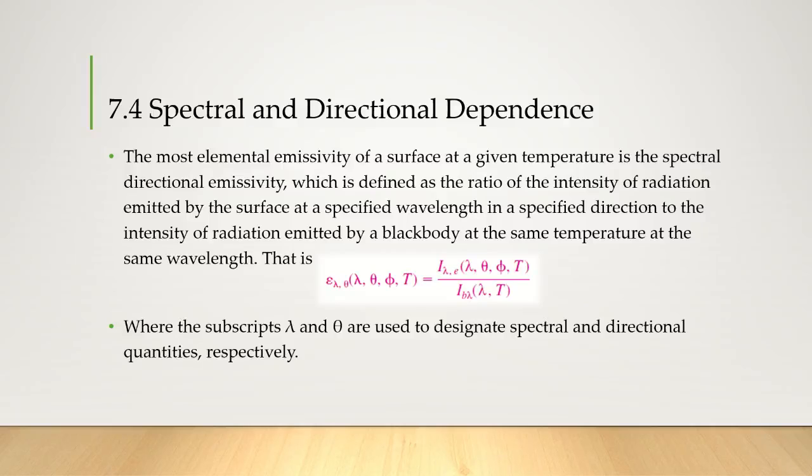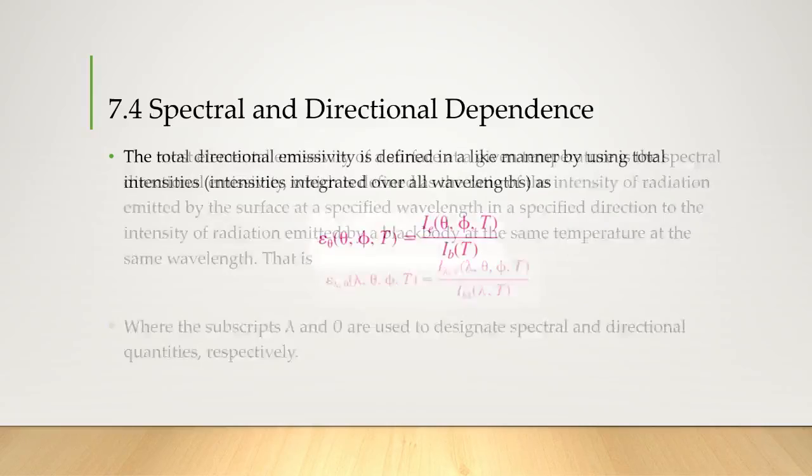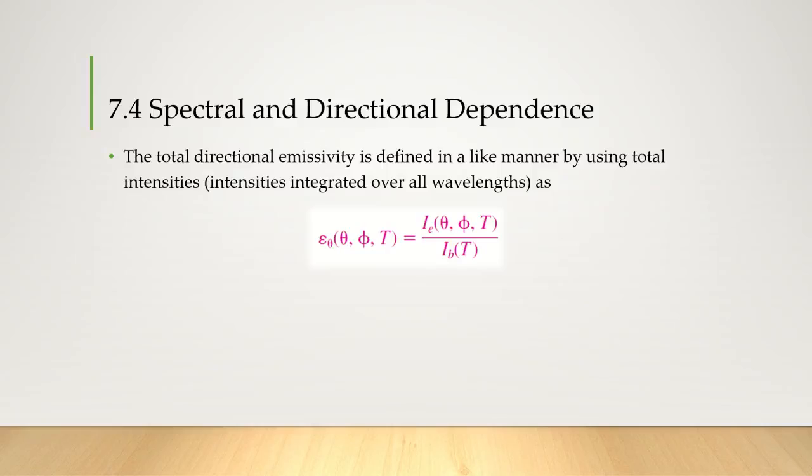You can see the equation as follows, where the subscripts lambda and theta are used to designate spectral and directional quantities respectively. The total directional emissivity is defined in a like manner by using total intensities, as the equation shows.